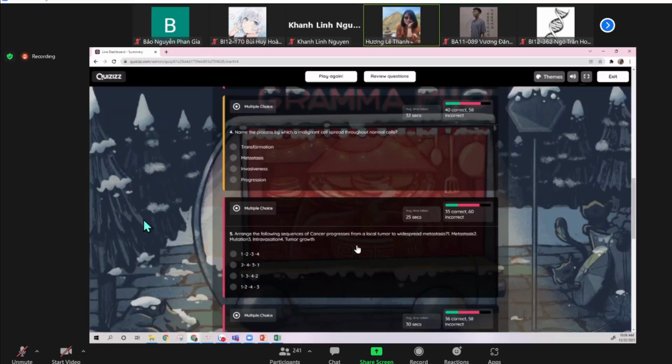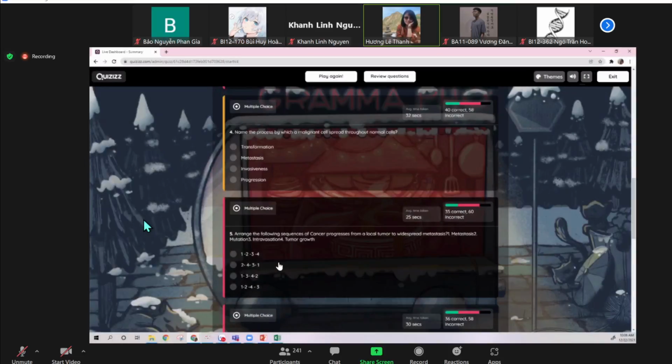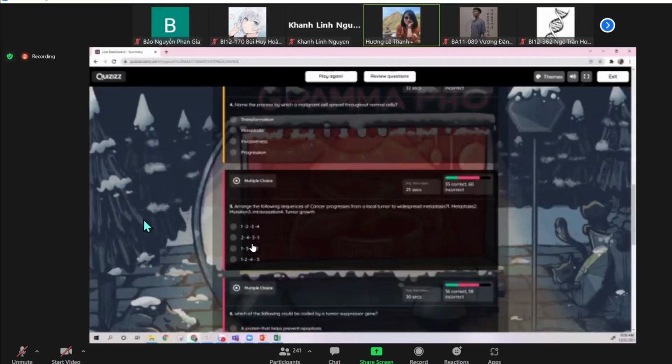Mutation is the first step of cancer formation, so if you find number 2 in the first position, it means this answer is chosen. So either 1 in the last or 2 in the first. Okay, the right order is 2, 4, 3, 1: mutations, invasiveness, tumor growth, and the last is metastasis.